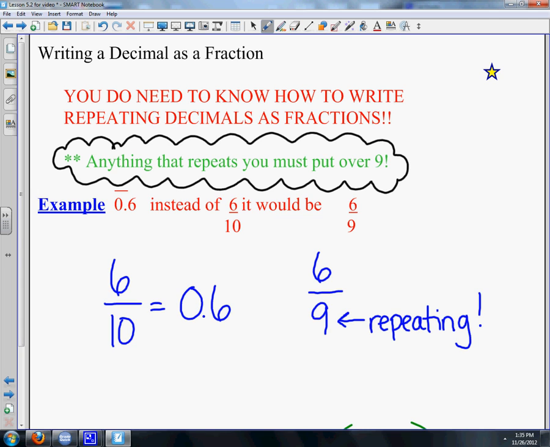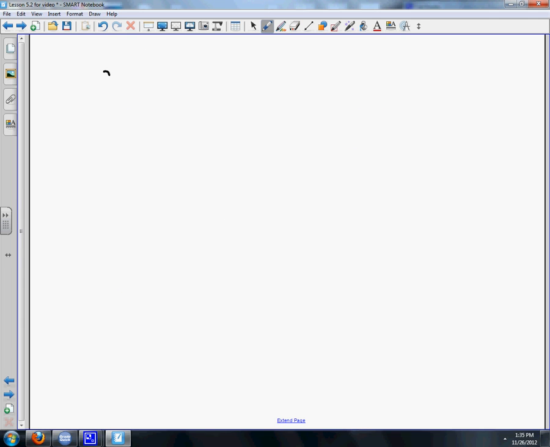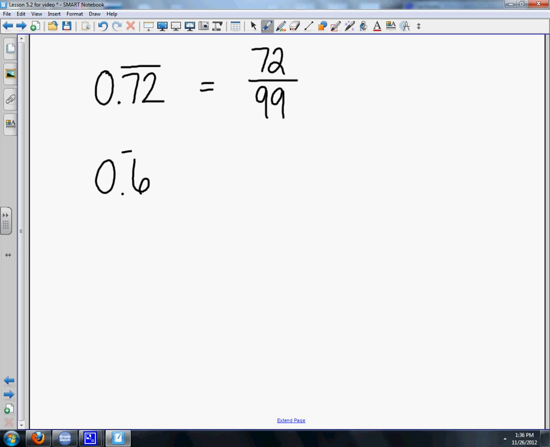So let's say it looks like this, 0.72 with the bar over 2 numbers. That means that it is 72 over, now you just wouldn't put 19 because that wouldn't be a decimal, that would be a number greater than 1. So it means it goes over 2 nines. If it just is this, 0.6 like we just had, that is over 9.